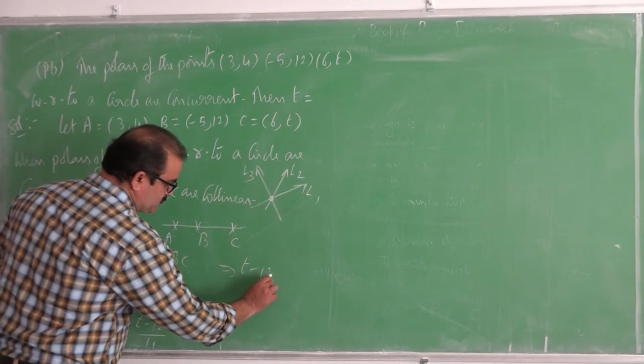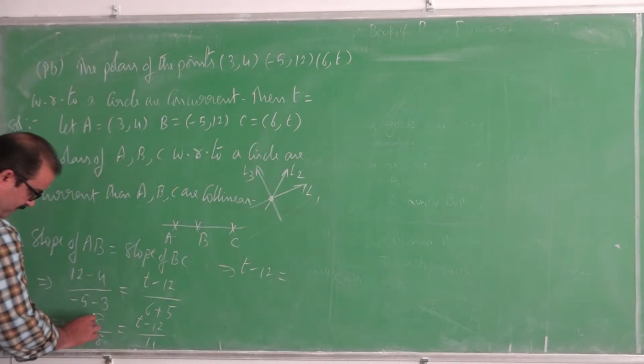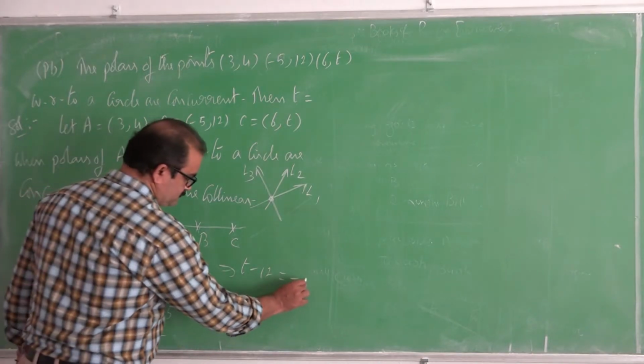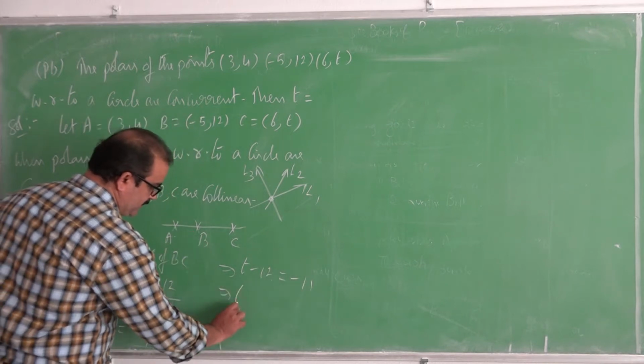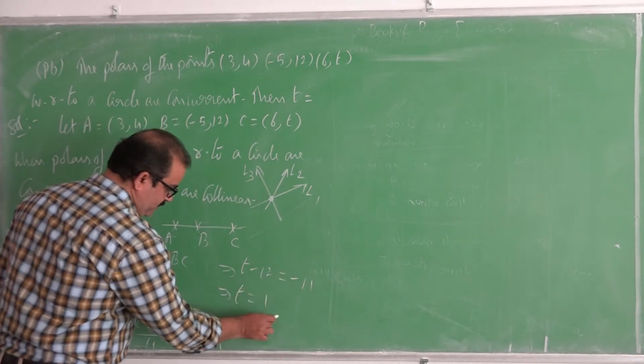So t minus 12 is equal to 11 into minus 1, which is minus 11. t is equal to 12 minus 11, that is 1.